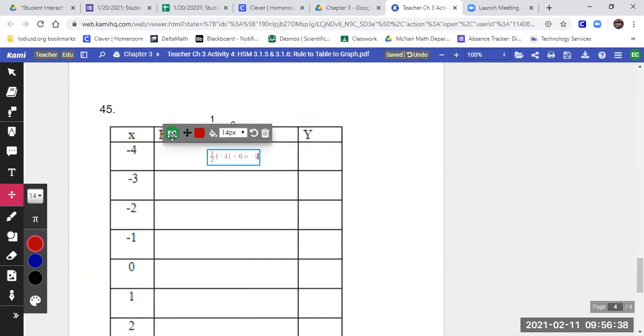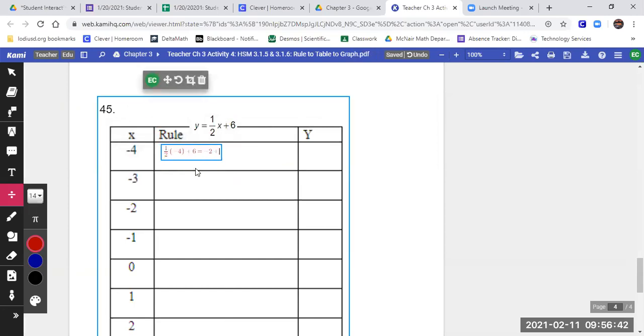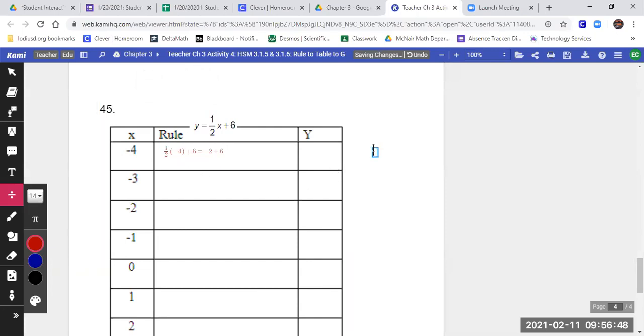Plus a 6. Now, are those the same sign? -2 plus 6, are they the same sign? No. So what are we supposed to do when they're not the same sign?